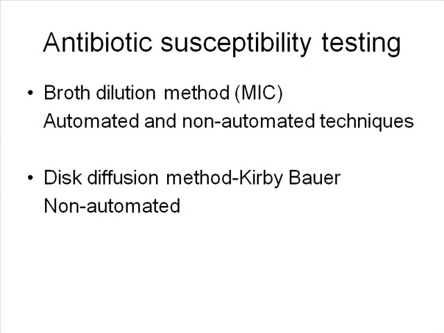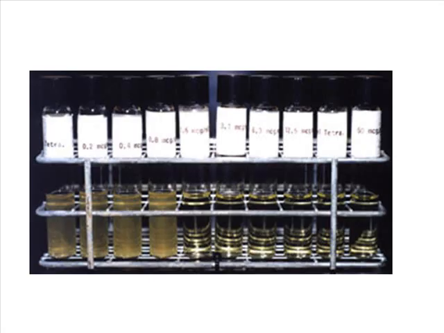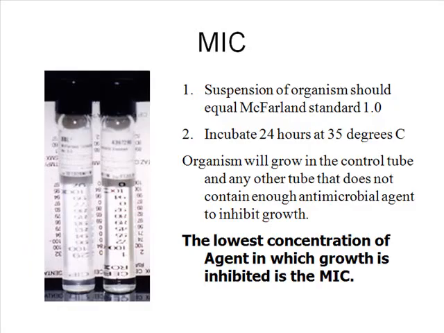So MICs are now broth dilutions. They are routinely done on your Vitek, your Microscan, also along with disc diffusion, which is non-automated. Remember that MICs give you the lowest concentration of agent in which the growth is inhibited.